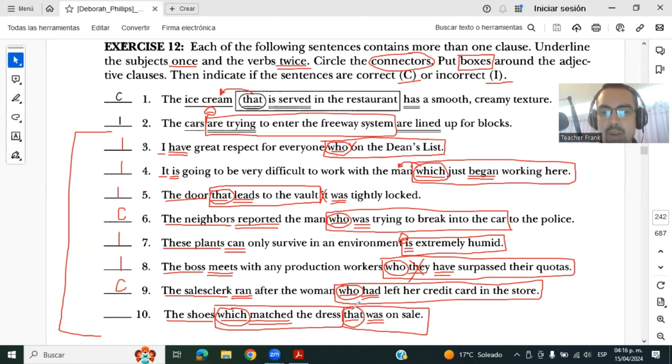So if this is describing the dress because it is singular and not the shoes, we still need the original sentence, right? The shoes which match the dress that was on sale are 50% off or something, right? Like we need something that's going to finish the sentence. So we're missing the verb for the original structure, the shoes. So this one's going to be incorrect because we have a missing verb.